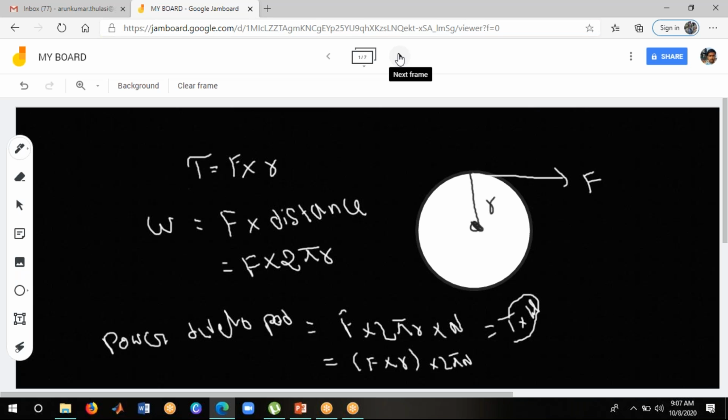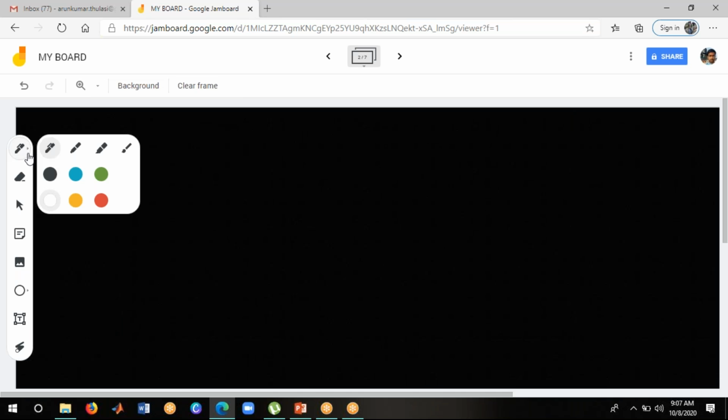Now, according to the equilibrium condition, that is when the input is equal to output, let me see what you will get. Here at equilibrium condition, we can write mechanical energy is equal to electrical energy.